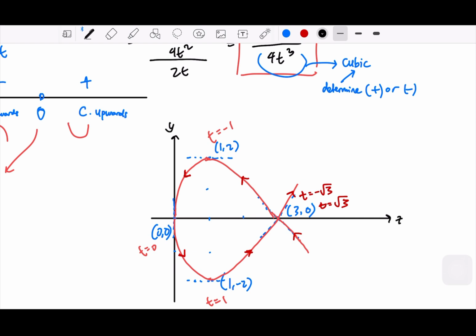Okay. Another example in your textbook, there are some example that is about the cycloid, but I will just give you the question and you try by yourself, because I will go to the next section on this parametric, which is the integrations.